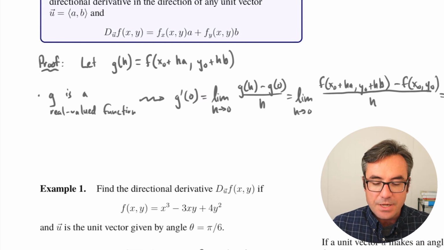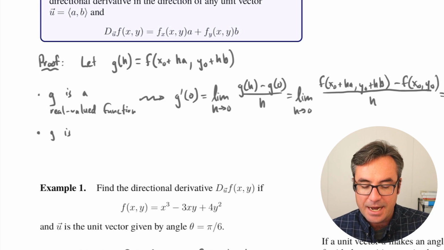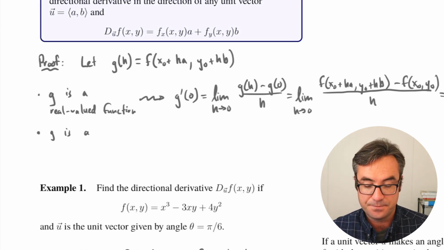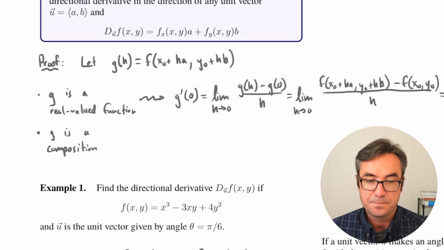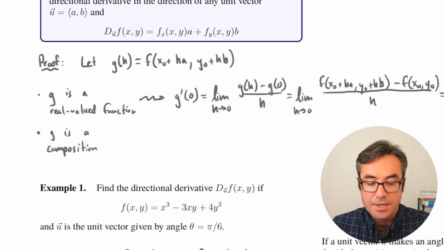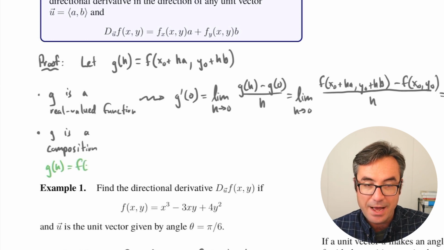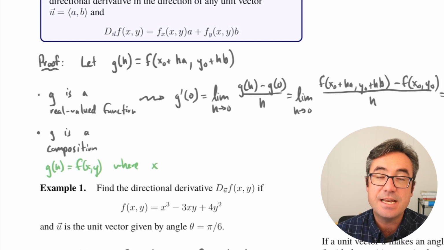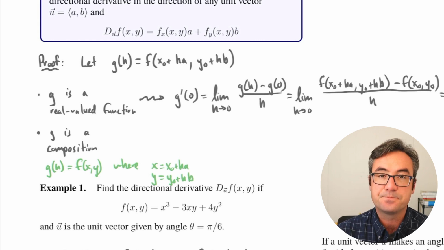Well, it turns out that we can also view g as a composition of functions. So it's a composite function. Essentially, g of h is equal to f of x, y, where x is an inner function, x0 plus ha, and y is also an inner function, y0 plus hb.